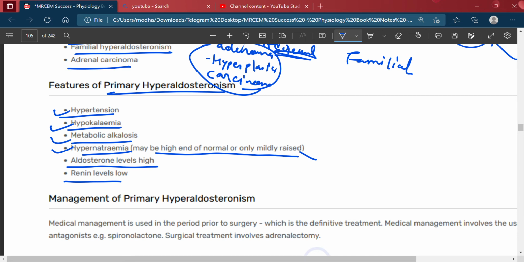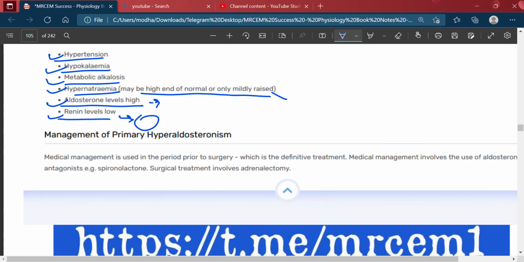Then the aldosterone level is high and the renin level is low. Due to negative feedback the renin will be low, and the aldosterone will be high. Okay, then what is the management of primary hyperaldosteronism?